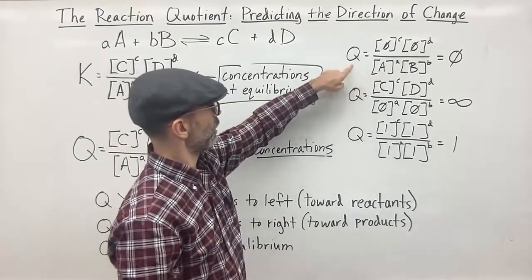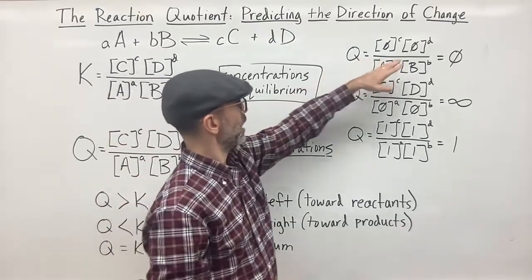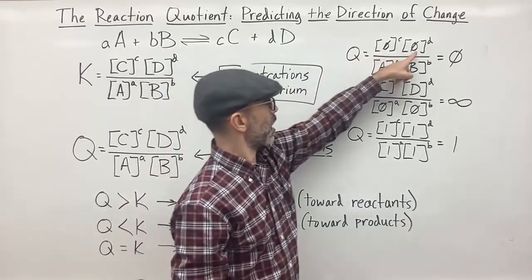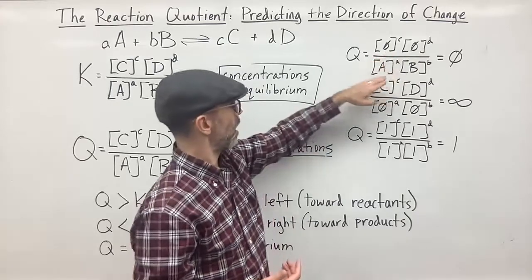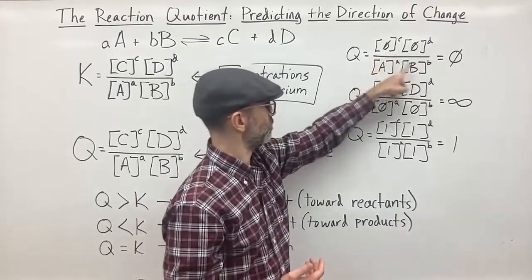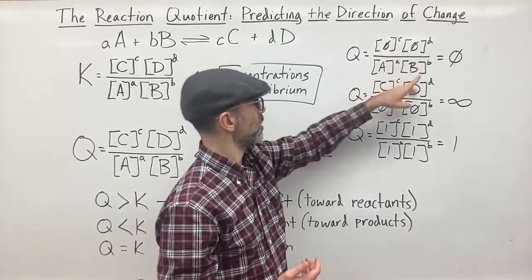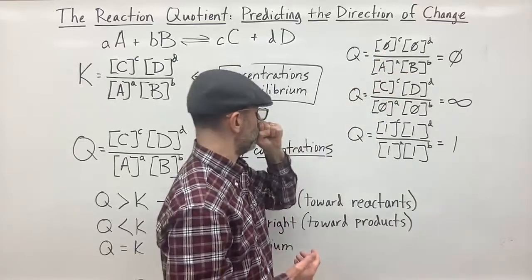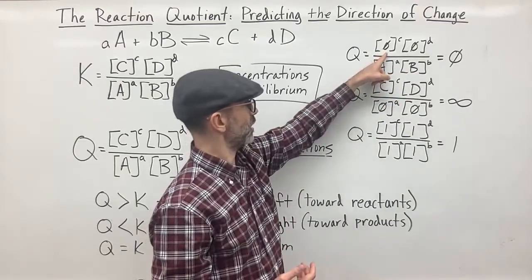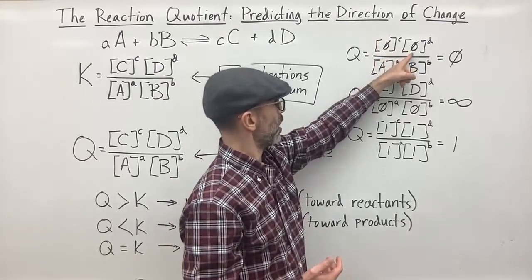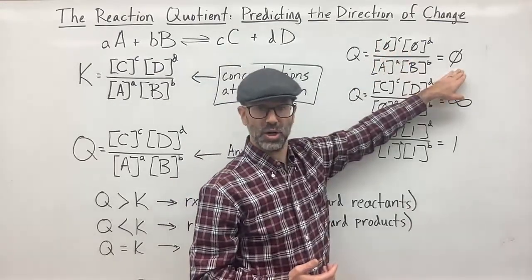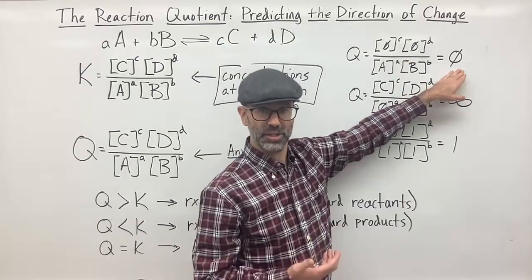If you're starting a reaction and you don't have any products, so you're starting off with zero product and you have some concentration of reactant, then you're going to have zero for your products, and you're going to end up with zero for your reaction quotient.